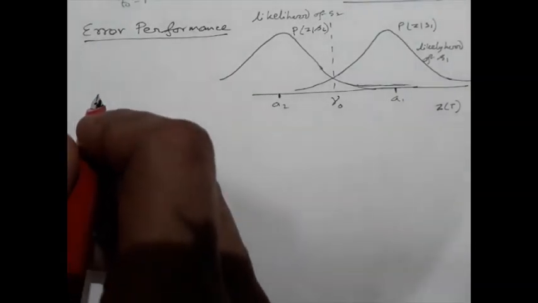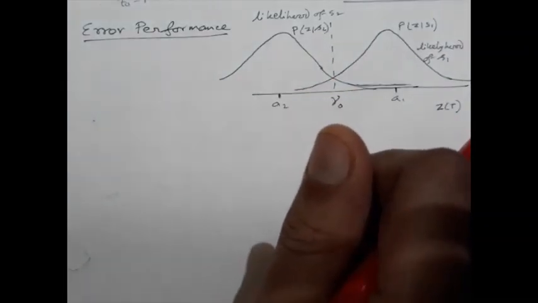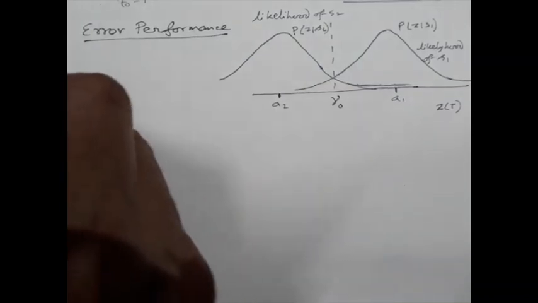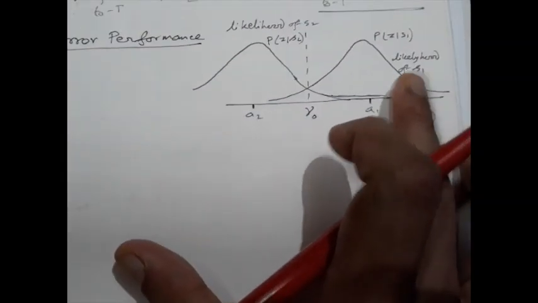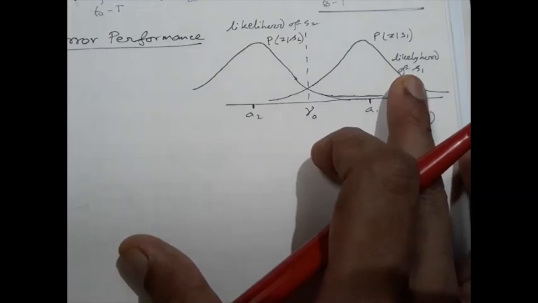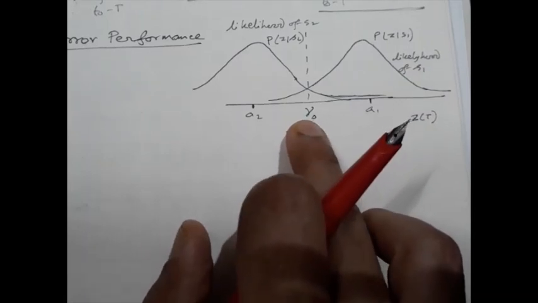For the binary decision making shown in this figure, there are two ways error can occur. An error E will occur when S1(t) is sent and channel noise results in the receiver output signal Z being less than the threshold gamma 0.